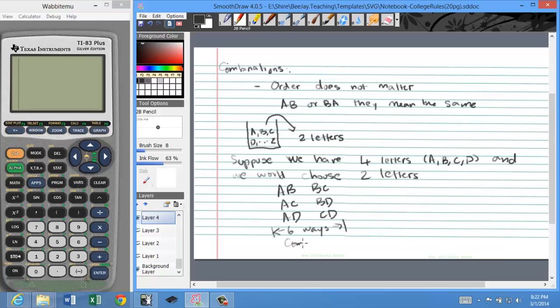Now that is a combination because order does not matter. If you recall, if instead we wanted to do a permutation, then I would have written it as AB, AC, AD, BA, CA, DA, BC, BD, CD, and I have CB, DB, and DC, which would result in 12 possible ways.